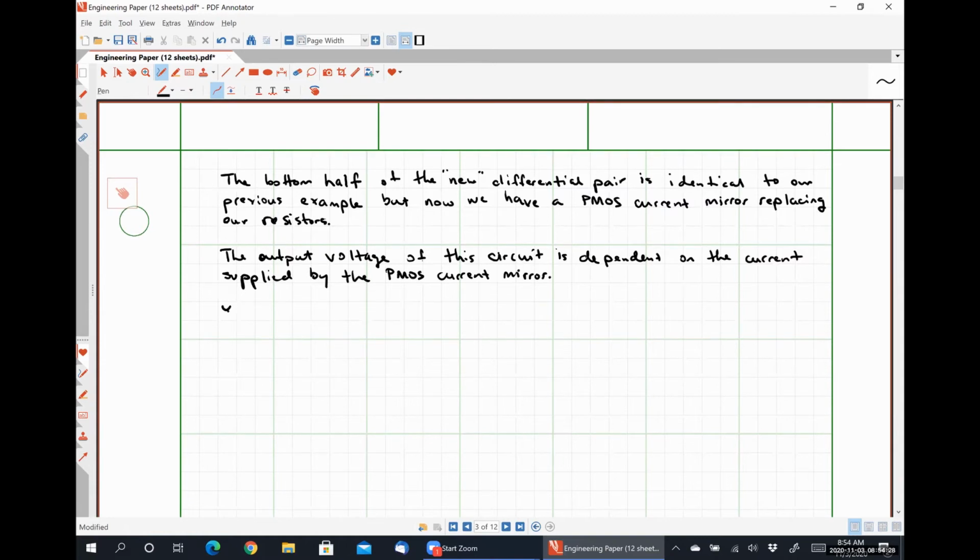Let's see, and what I addressed a moment ago, you may have noticed that the output voltage, the out one, has disappeared.